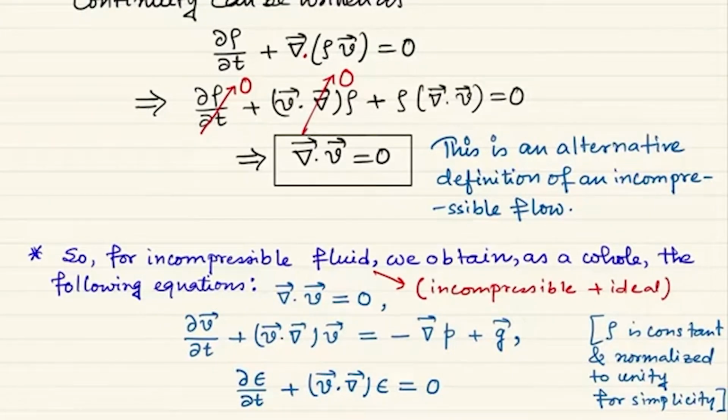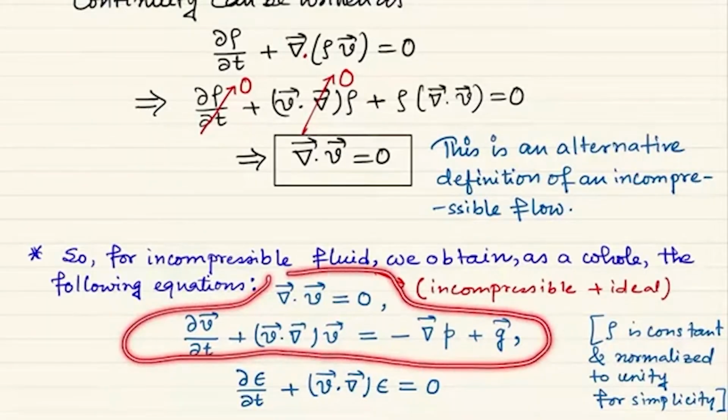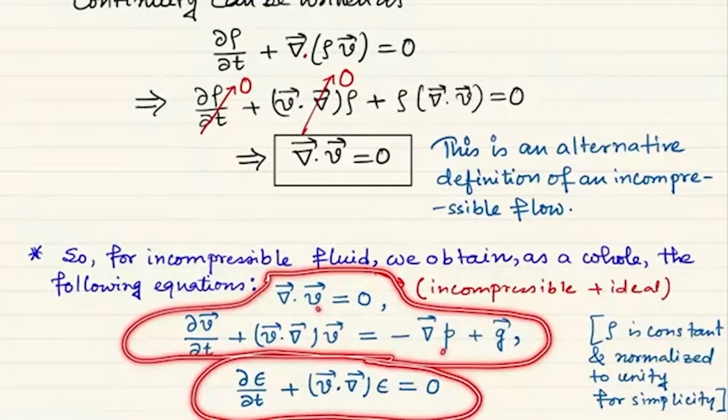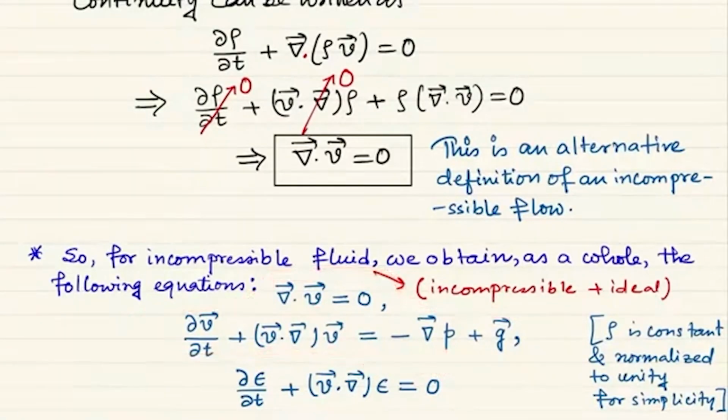This is the system of dynamical equations which simply have v and p as unknown. Now from your Lagrangian derivative concept you can say this is nothing but dε/dt equal to 0.